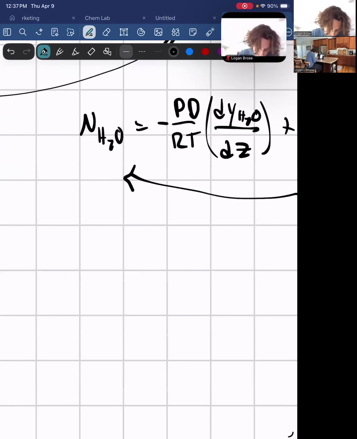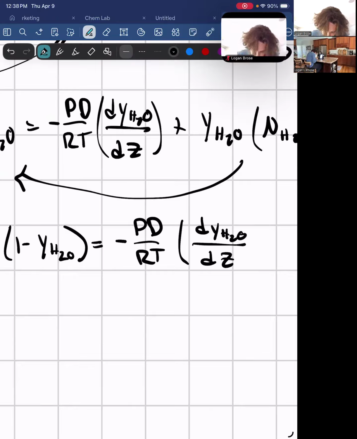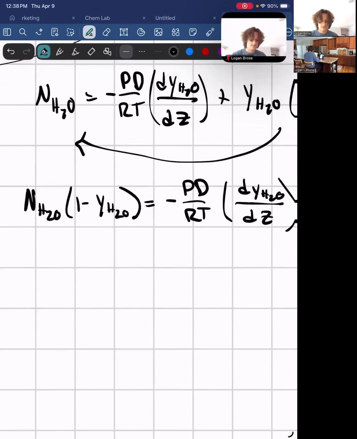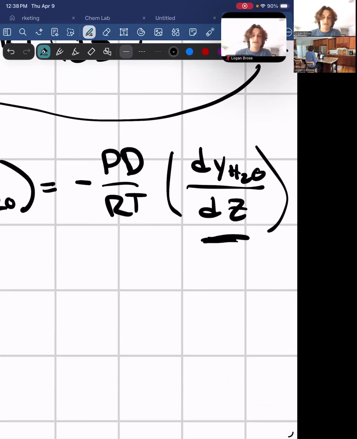So we get our flux of our water times 1 minus Y water equals minus PD over RT dy water dz. And so this is our equation. Now what we want to do from here is integrate. We have our differential here, and we want to integrate to get rid of this.